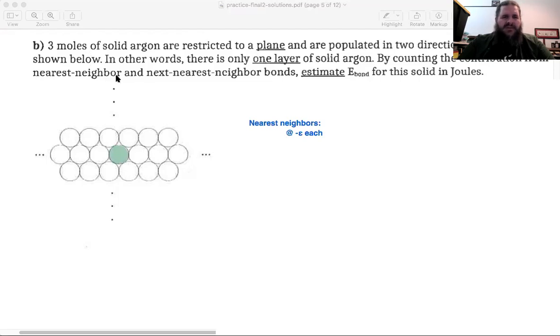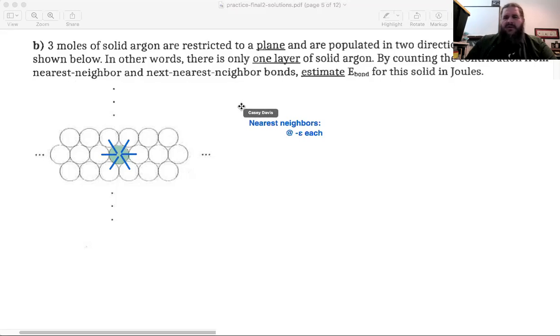How many nearest neighbors does that one atom have? How many other atoms are directly adjacent to it? Yeah, it looks like 6. Because this is a hexagonal arrangement. We've got this one, this one, this one, and so on. So we've got 6 nearest neighbors per atom.